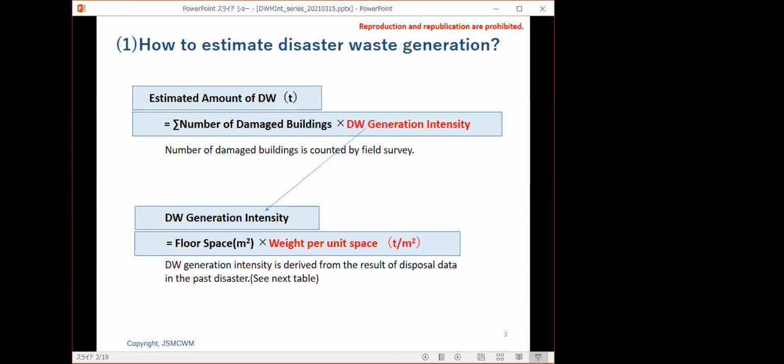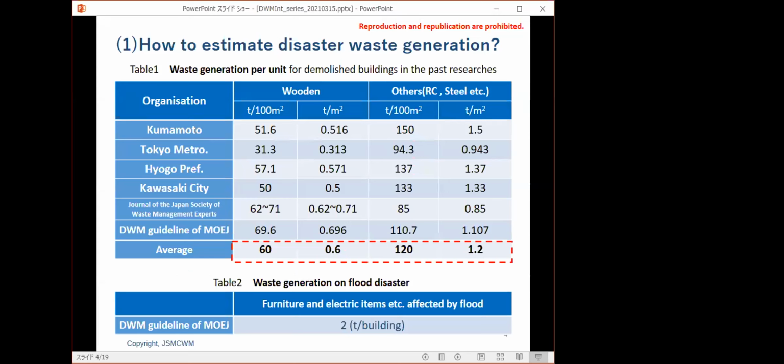There are several past researches in Japan. So look at the next page. Please look into Table 1. Disaster waste generation per unit for demolished buildings in the past researches. Several organizations are listed, Kumamoto, Tokyo Metro, and several other cities we can see.